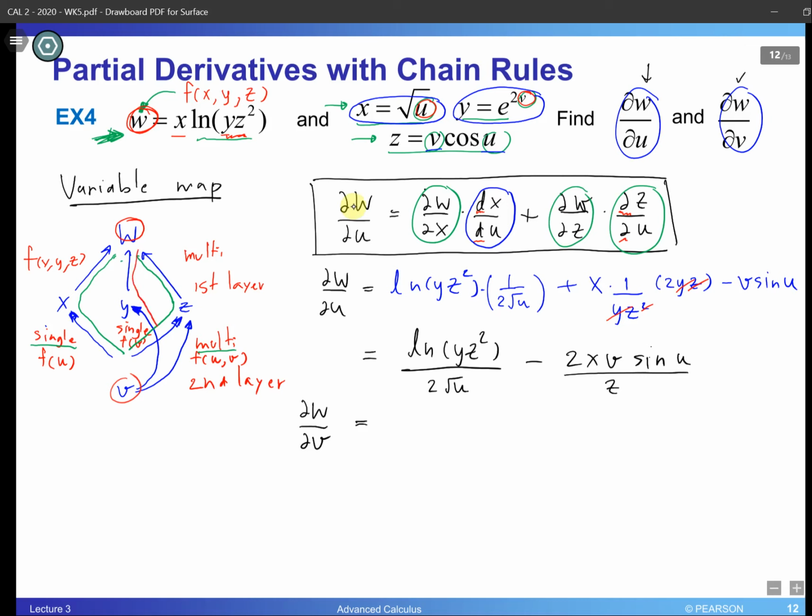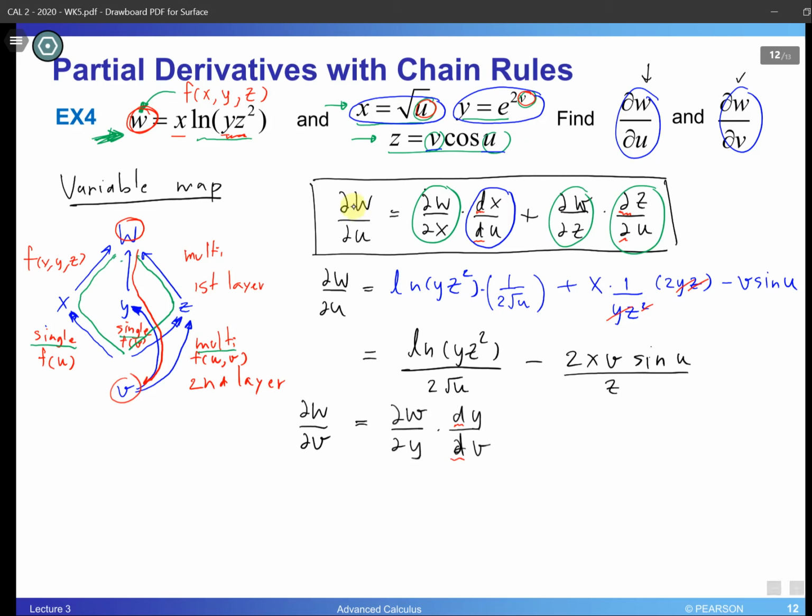dw with respect to y, and then change of y with respect to v. So I use this regular differentiation here because y right here is a single variable function. Okay, so that is the first path, but then we have another path on the right hand side.